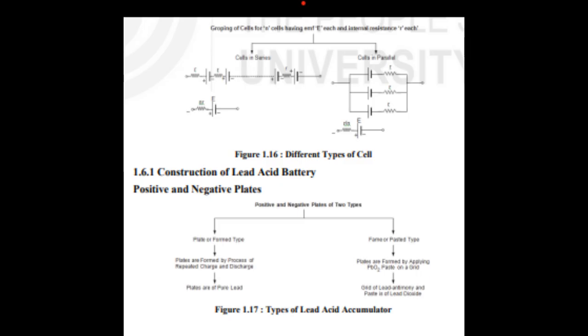Look at the screen. Figure 1.10, Kirchhoff's current law. Here, I enters at the junction and I1, I2 and I3 are leaving the junction.